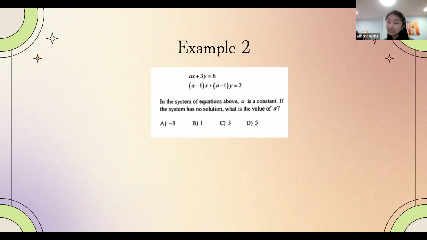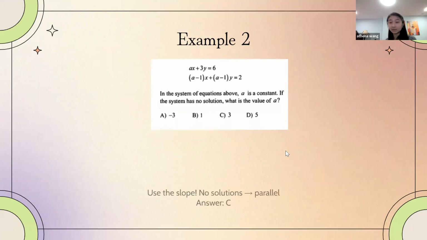Okay, 2 minutes has passed. So I realized this one might have been a little harder, but the answer was C. Okay, so the trick to this one is to use the slope. So remember when I talked about the three types of systems of equations before, there can be one intersection.